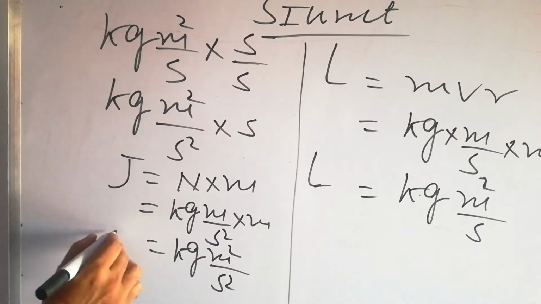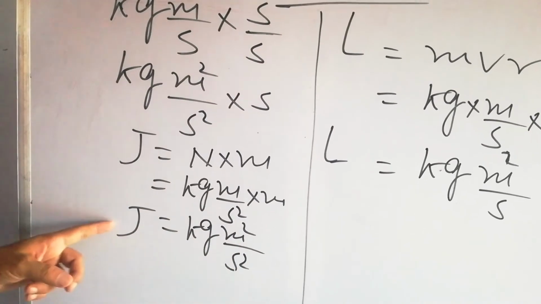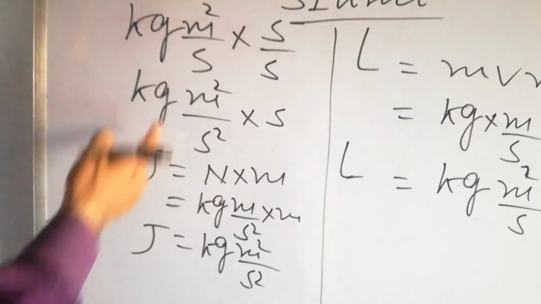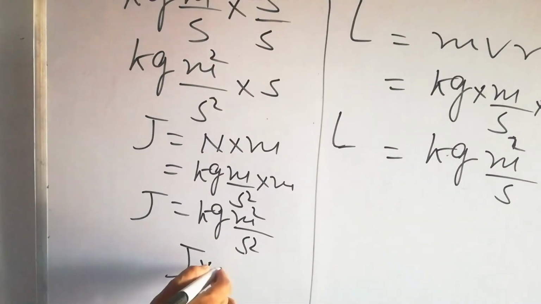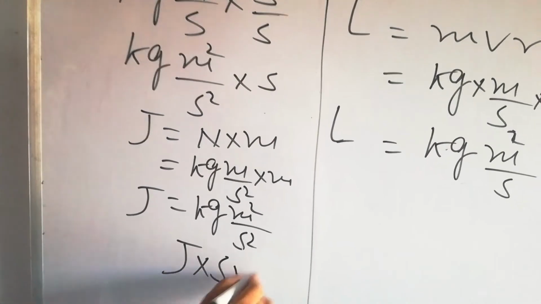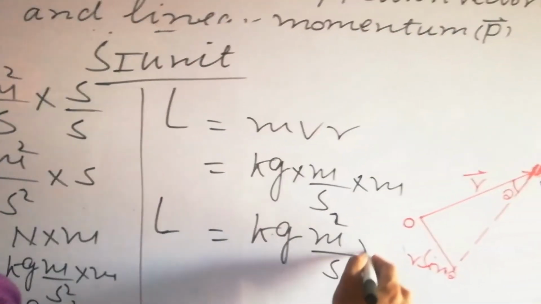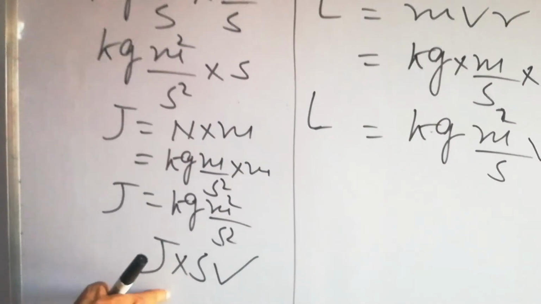So you can replace kilogram meter square per second square by a joule. So this quantity is replaced by joule, and joule into second. So it has another unit, joule second. The first unit is kilogram meter square per second, and the other one is joule second.